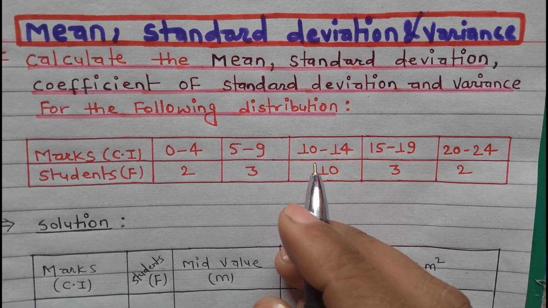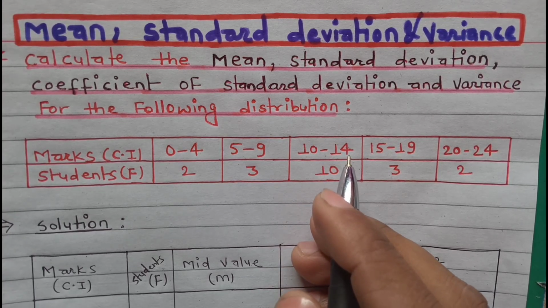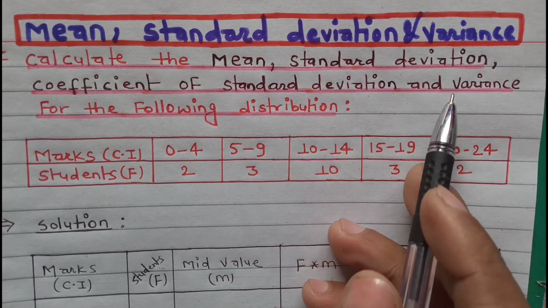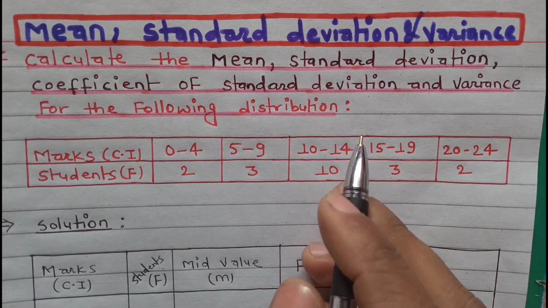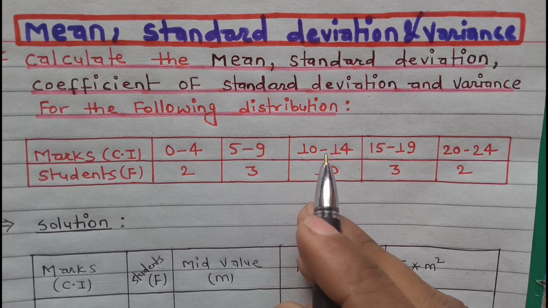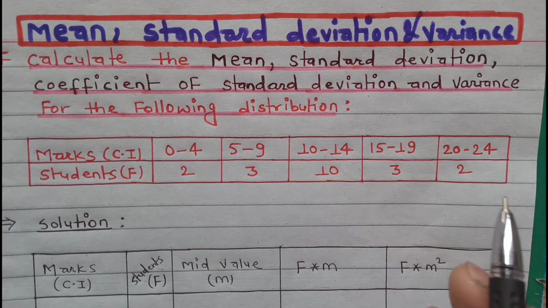So I'm going to solve using that method. And one thing I'm going to tell you: if there is no indication in your exam to use the step deviation, shortcut, or assumed mean method, you have to solve standard deviation and variance by the direct method.